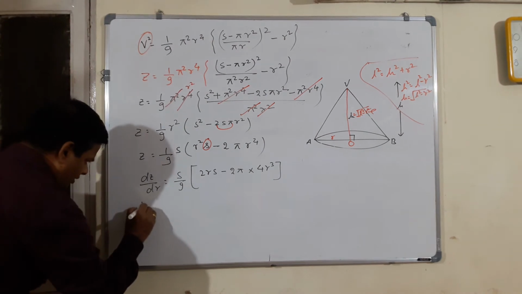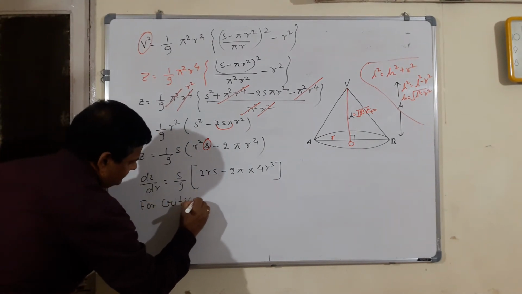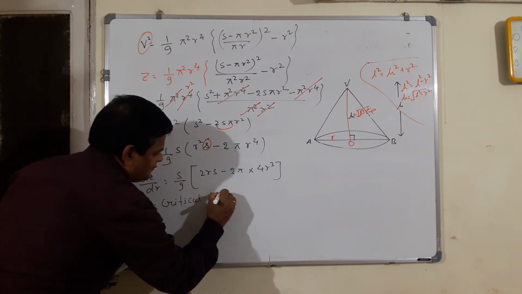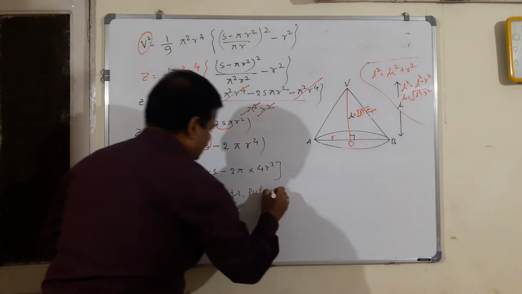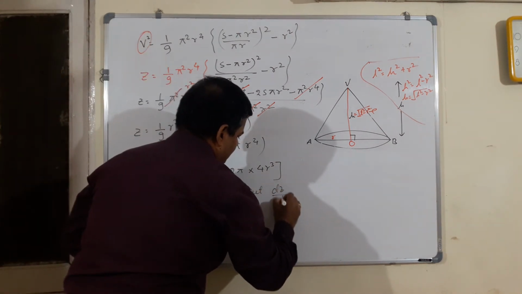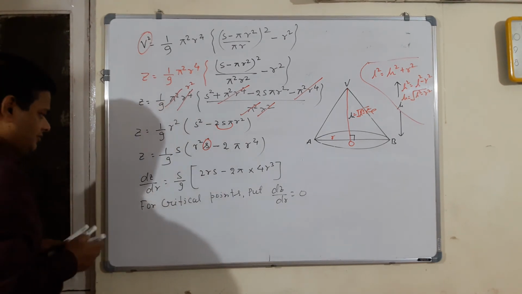For critical points, put dz by dr equal to 0.